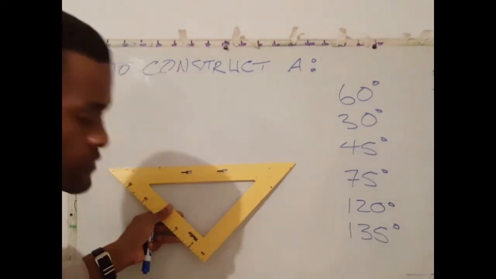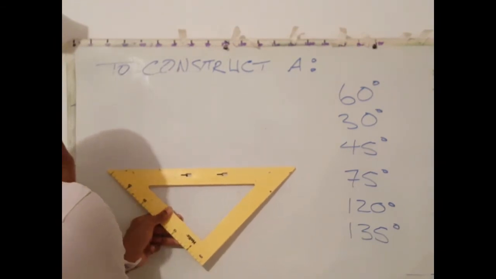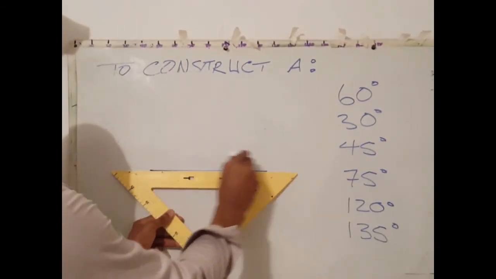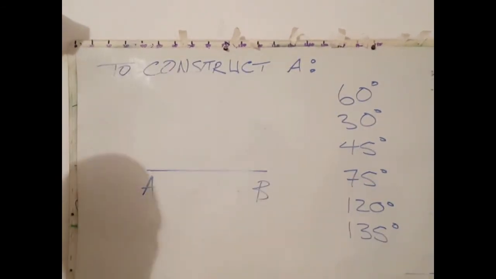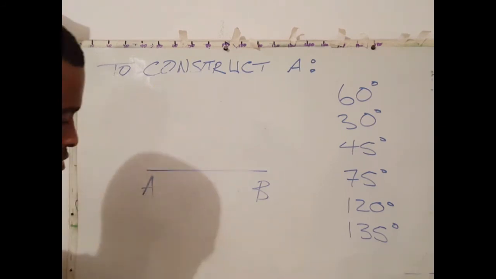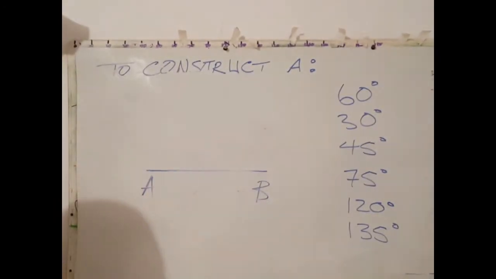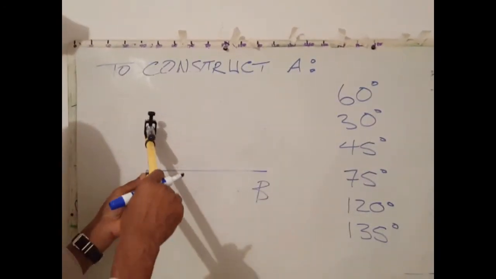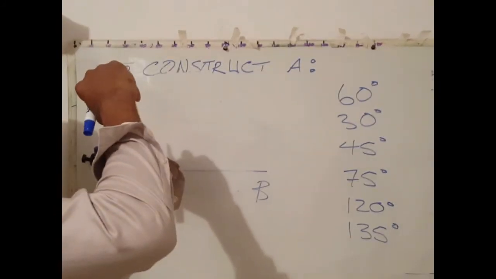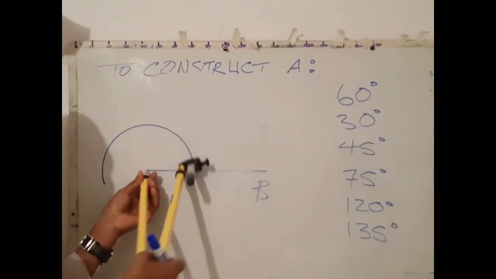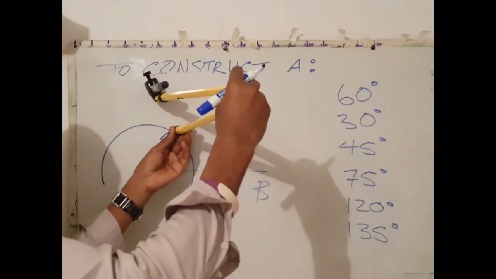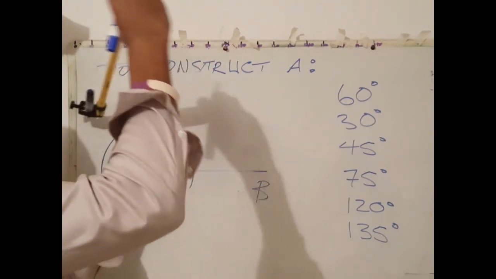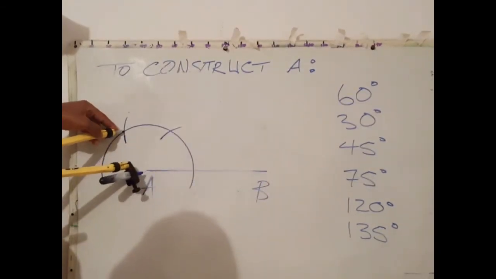First line AB, from point A, open my compass to a suitable radius, and I'm going to scribe an arc. From here, I go 60, 60, 120, and I will need a full 180.